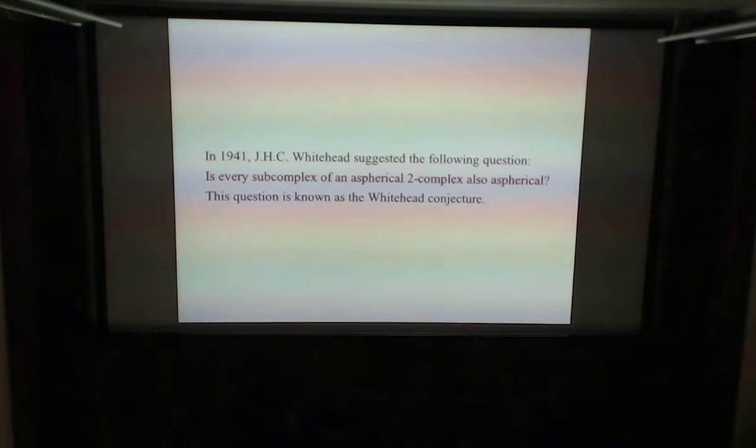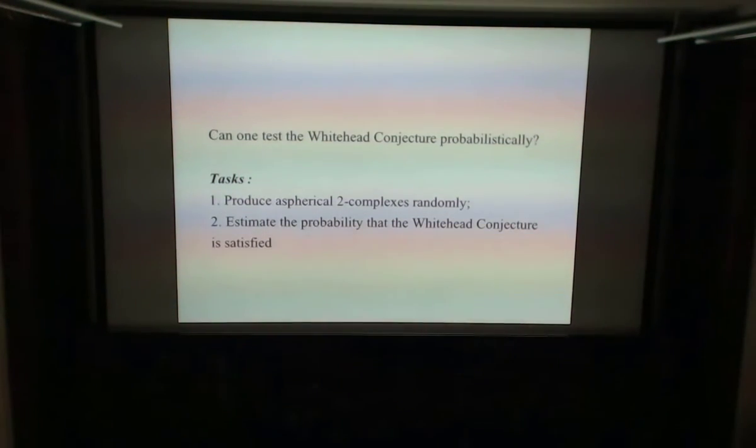So we want to use probabilistic techniques to tackle the Whitehead conjecture. This can be done as follows. What if we produce aspherical 2-complexes randomly? What if we can make a random, probabilistic model producing aspherical 2-complexes? And what if we estimate the probability that the Whitehead conjecture is satisfied?